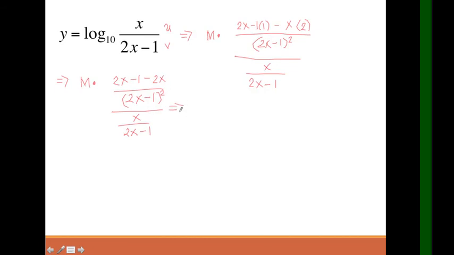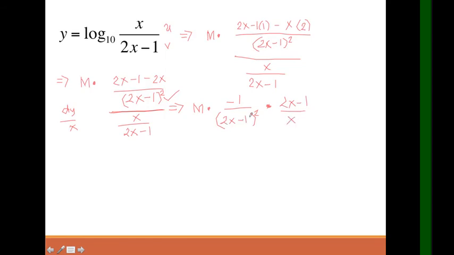So, ang magiging answer natin dyan is m times negative 1 over 2x minus 1 squared, kinapi ko lang to. And then ito, kunin natin yung reciprocal kasi naka-divide siya, diba? Ito yung division sign. Okay, if you still remember, again, ulitin ko, yan yung dy over x. So, what's the reciprocal? Okay, so we have 2x minus 1 all over x.